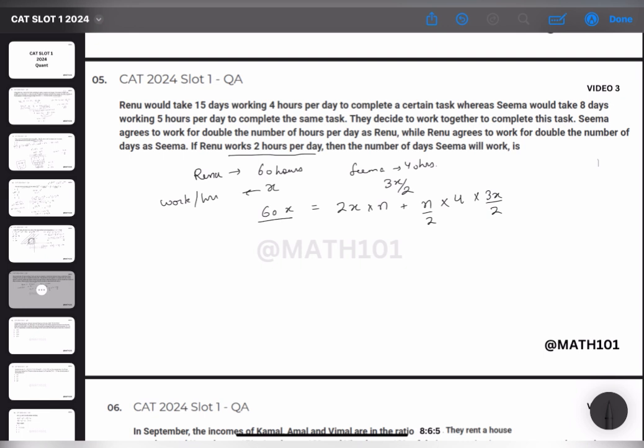So this should be 60x, the total work. So x gets cancelled out. I am left with 60 equals 2n plus 2 into 3n, which implies that n equals 60 upon 5, which equals 12. So question 5 answer is 12.